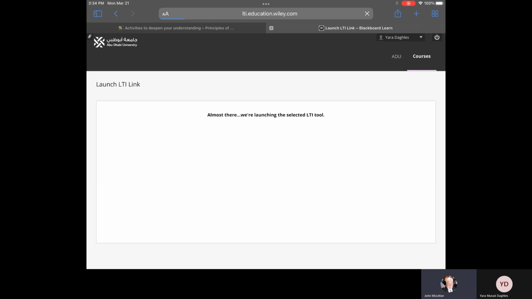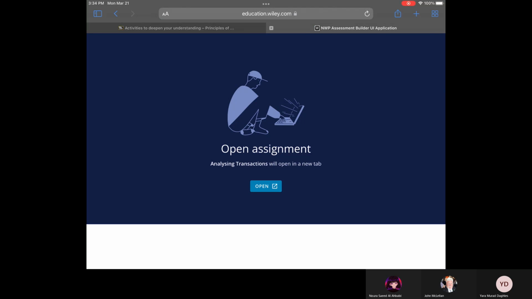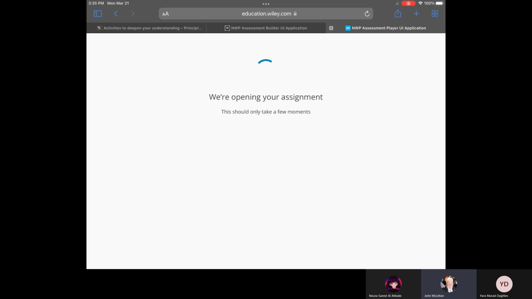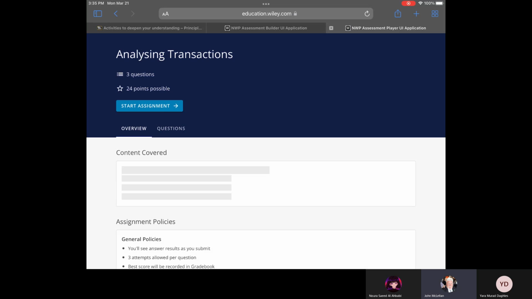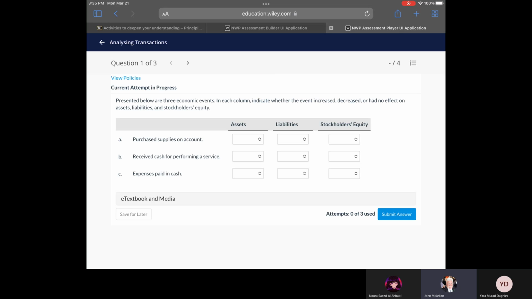Activities. All right, first transaction. What effect did that have on the assets, the liabilities, and the equity? Right, assets increased.